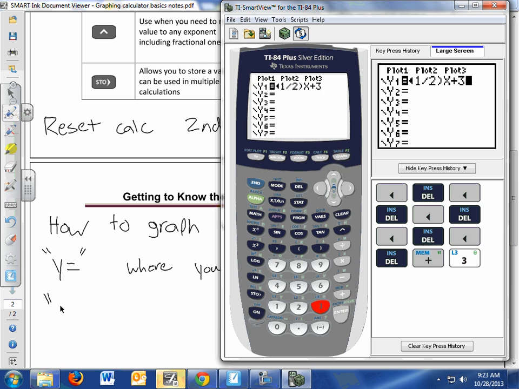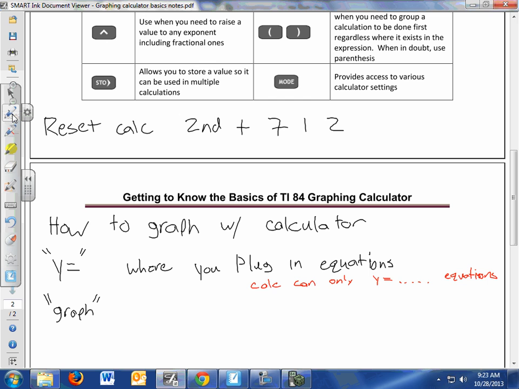Typically we will press the graph button next. The graph button will show you your collection of solutions and what it looks like. Or what does your graph look like?